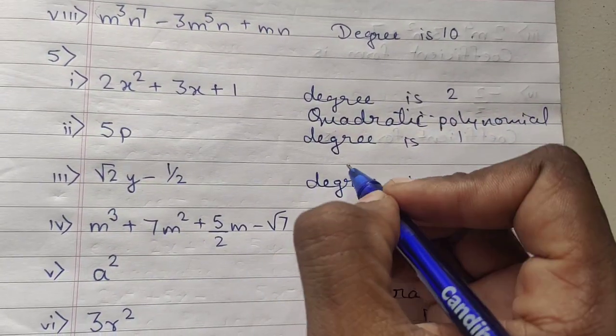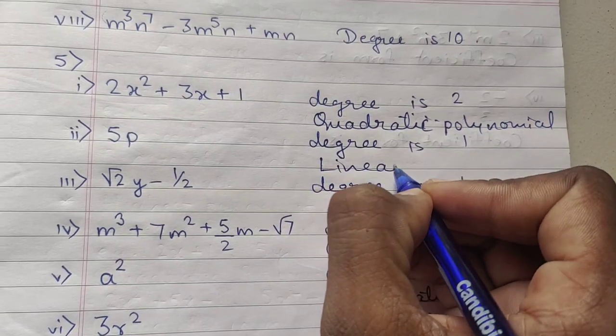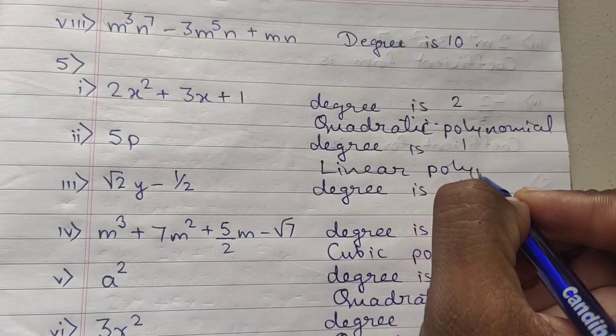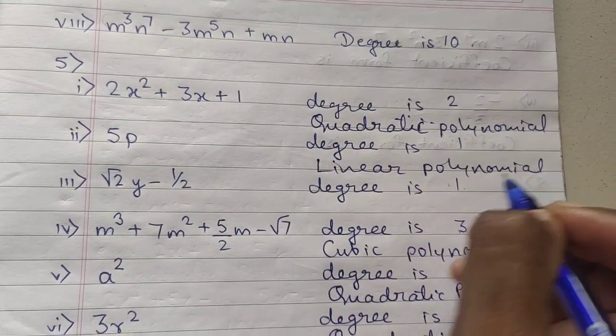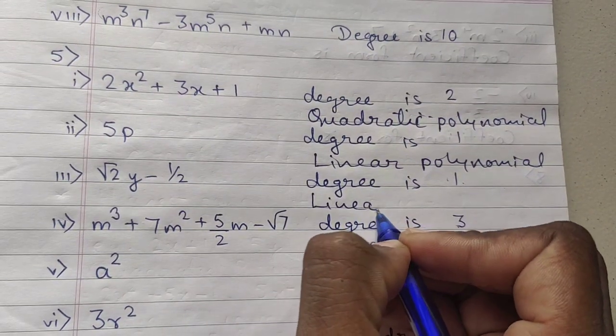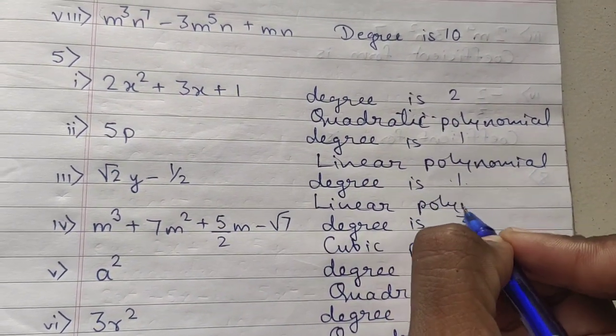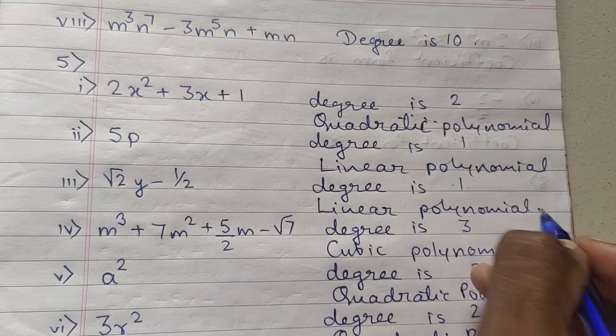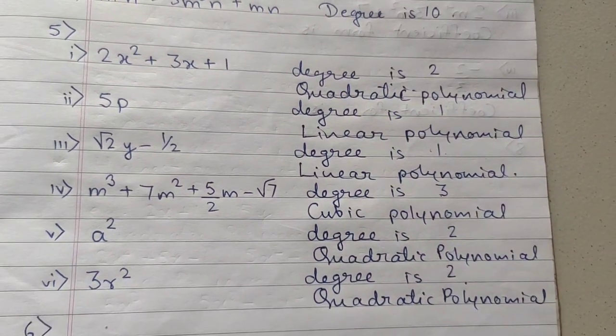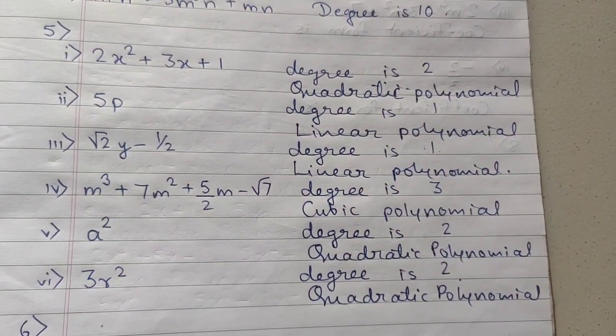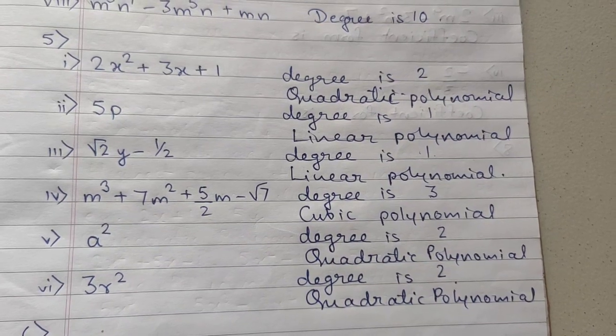This is linear because the degree is 1. This is also a linear polynomial. So this is very simple to identify whether your polynomial is linear, quadratic, or cubic. The only thing is you should see the power.